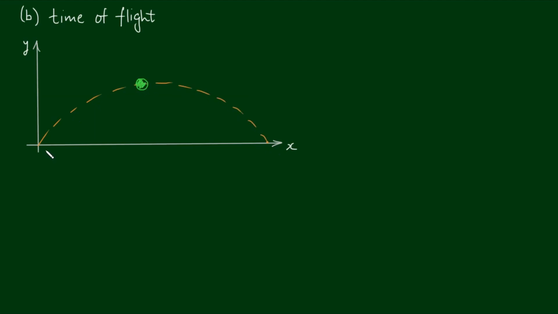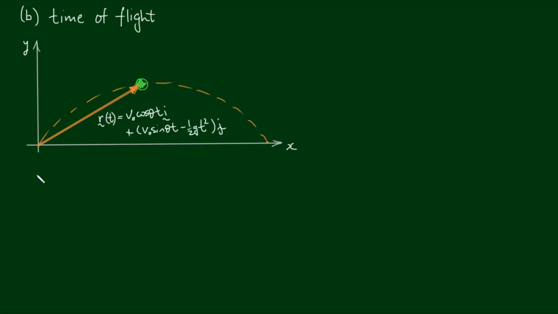So we're going to use the position vector, which is r at any time is given by the initial velocity by the cosine of the launch angle by the time in the horizontal plus the initial velocity by the sine of the launch angle by time minus a half gt squared in the vertical.